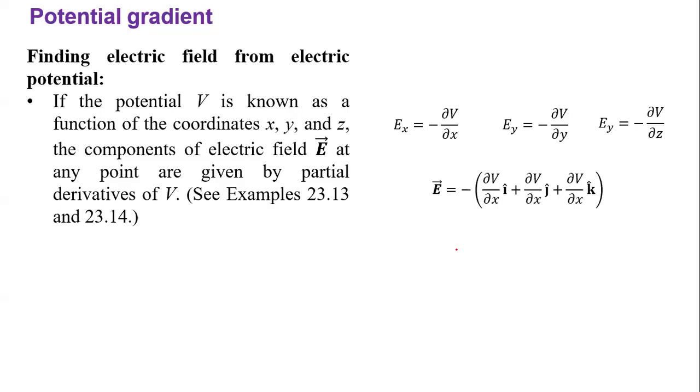You can also find the electric field from a potential. If the potential is known as a function of the coordinates x, y, and z, the components of the electric field E at any point are given by the partial derivatives of V. See the examples 23.13 and 23.14.